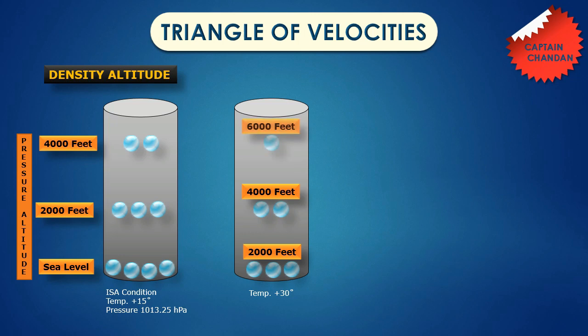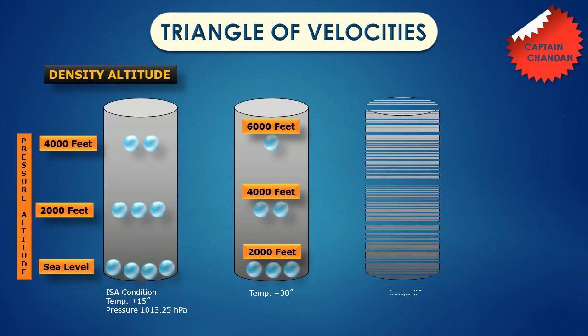If you climb further to 4000 feet pressure altitude, your aircraft will sense that it is flying at 6000 feet density altitude. So remember always, if temperature increases, the density altitude will increase, and density altitude is not a physical distance. Why do we need density altitude? Because of performance, because all the parameters of the aircraft are calibrated in ISA condition and various factors depend upon density.